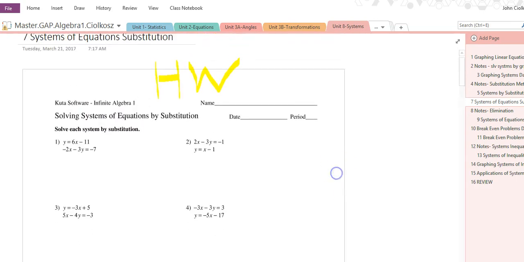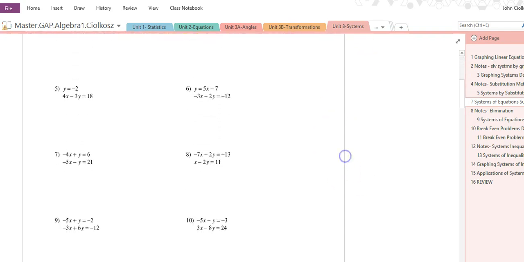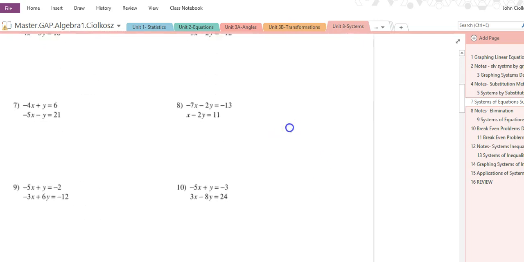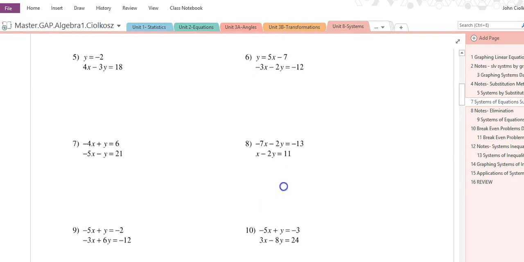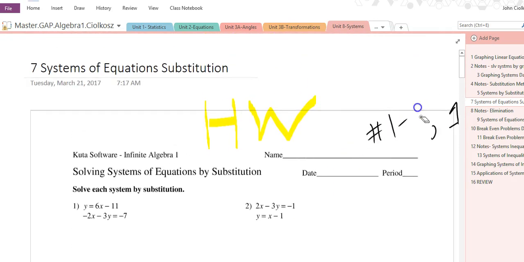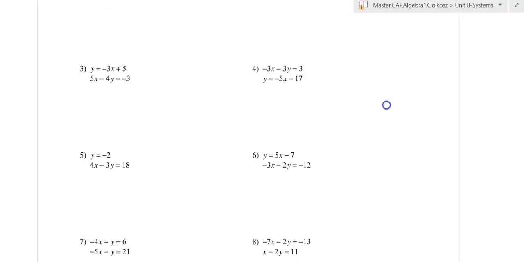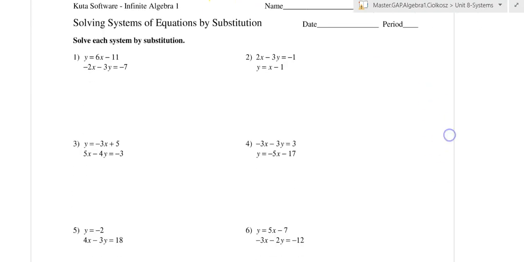So let's do a quick bit of examples here when we don't have that scenario. So, actually it's 1 through 6, my apologies. So 1 through 6 should look pretty familiar. We have y equals.